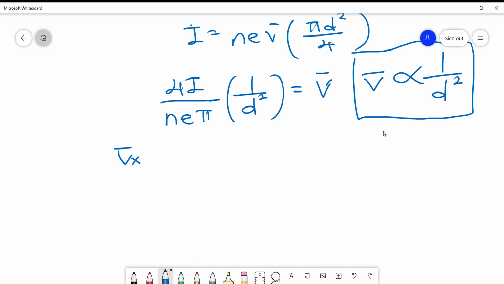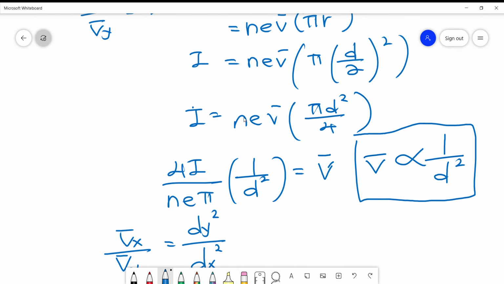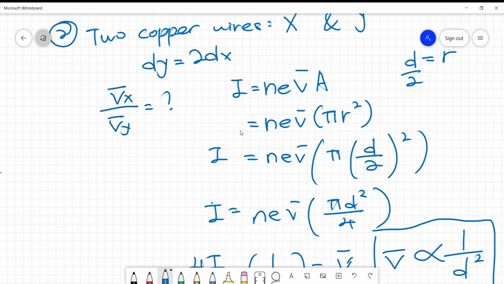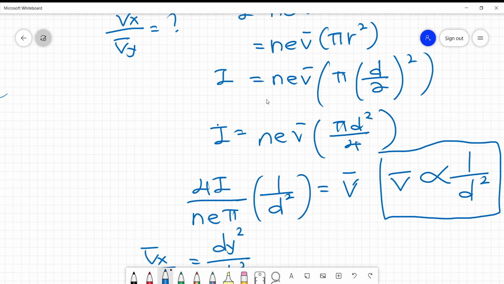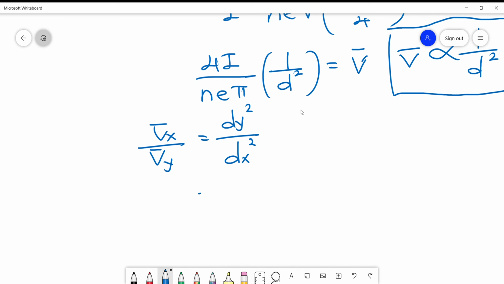Since the relation is inversely proportional, it becomes dy squared over dx squared. From the beginning of the question, the information given us an important note, which is the diameter of Y is twice the diameter of X. So I substitute dy as 2 dx.